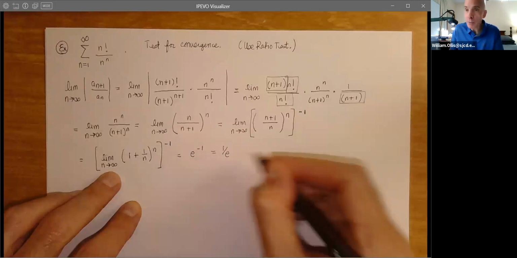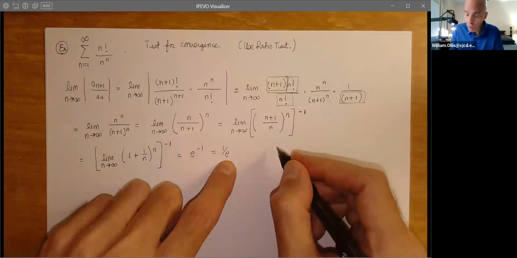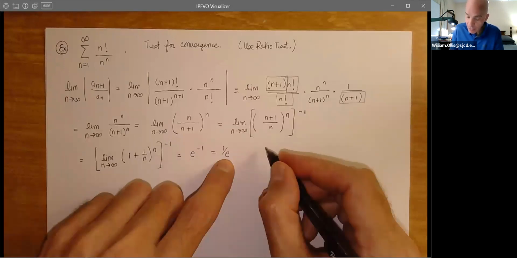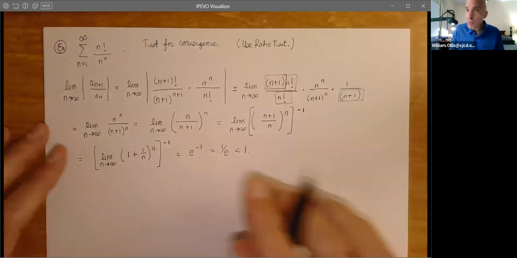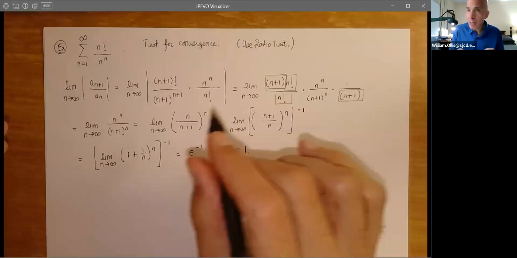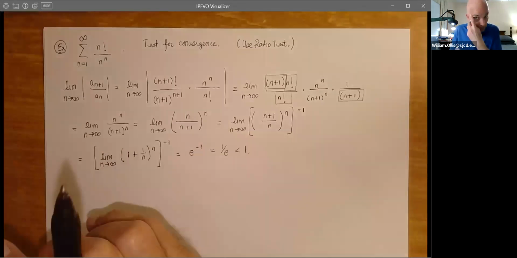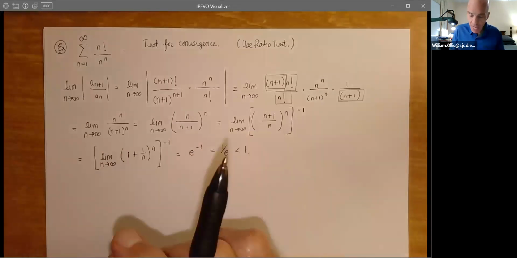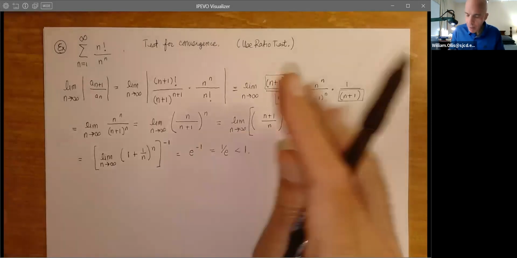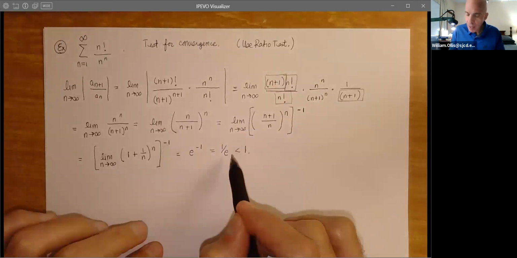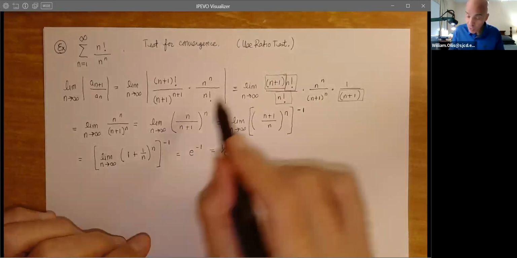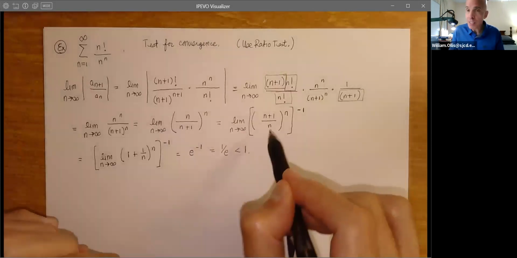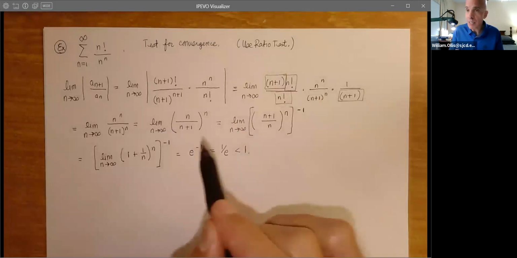Well, e is clearly bigger than 1, so this number is actually less than 1. So in this case, we didn't have sign alternation, or we didn't have some terms that were positive and some terms that were negative, so the absolute values went away. But what we're seeing is that we do have convergence. And this, my friends, actually is less tedious than doing an integral or working with an inequality.